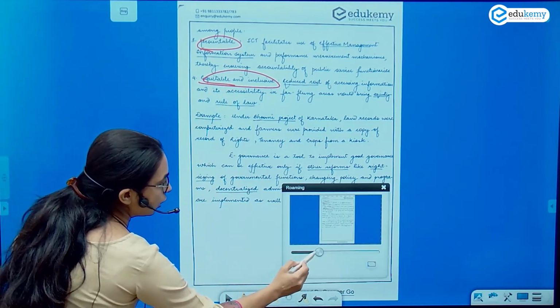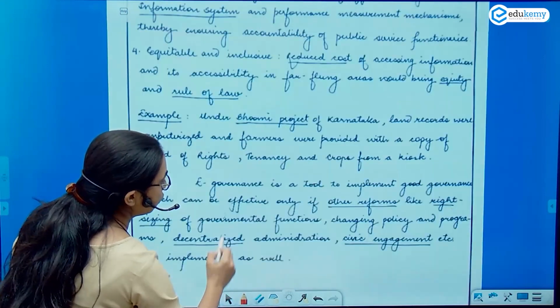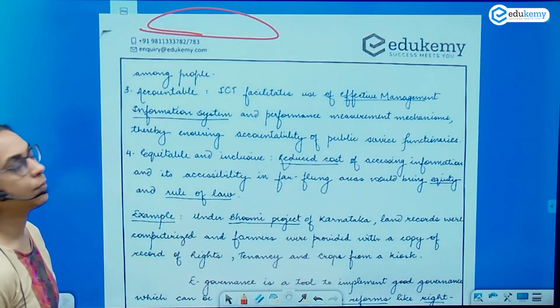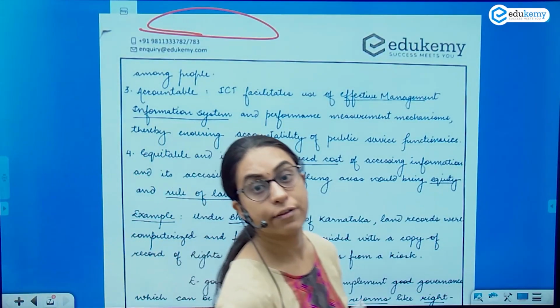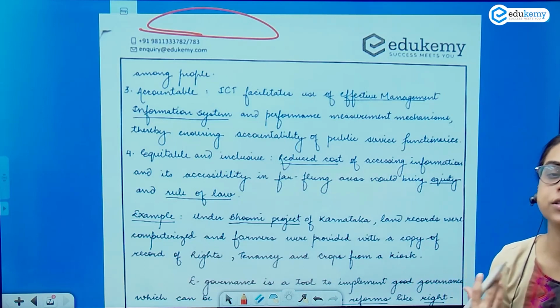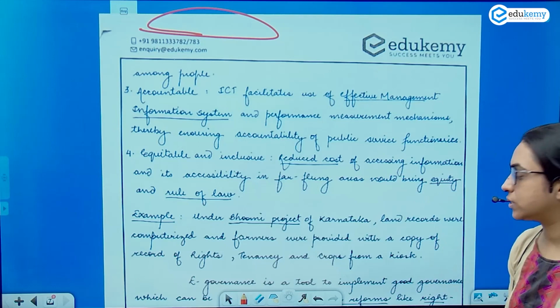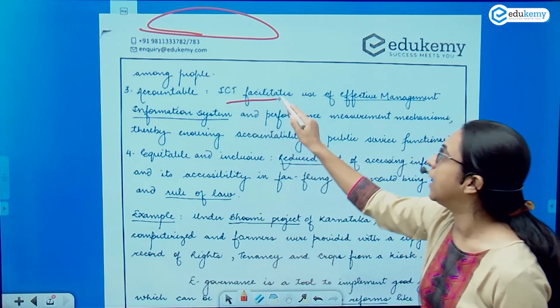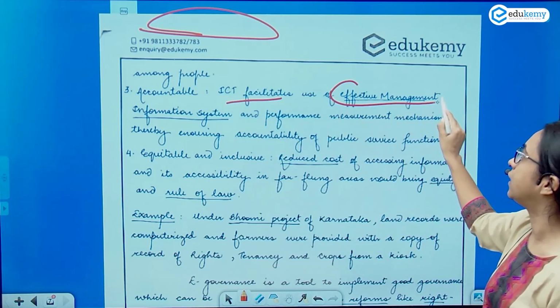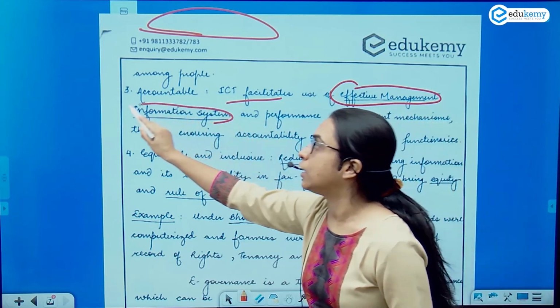Okay? So you try to explain this. You explain that for accountability, the effective use of management information system will promote accountability. You say that ICT facilitates the use of an effective management information system.